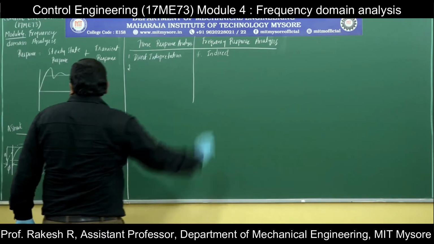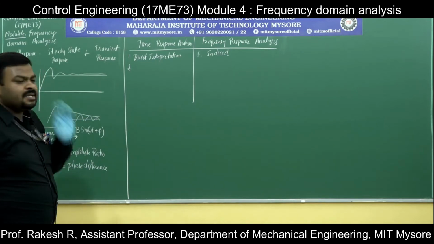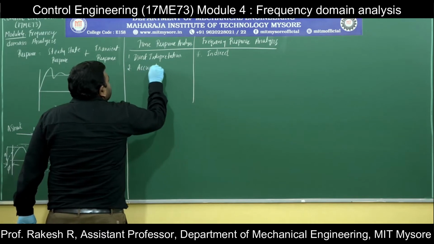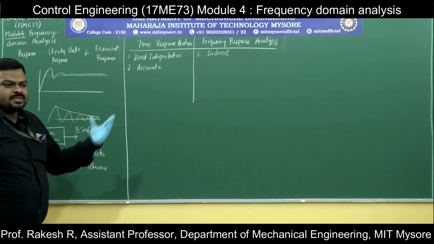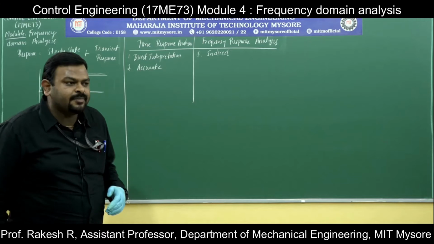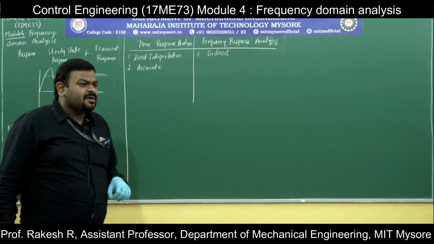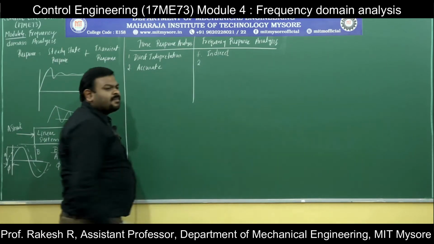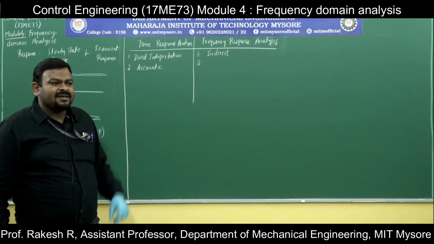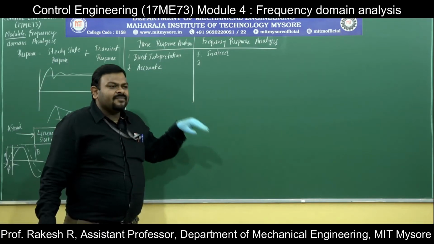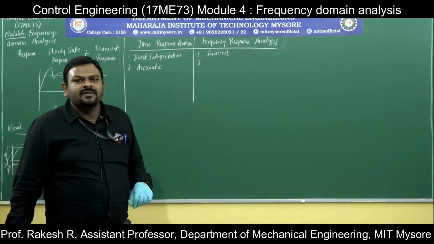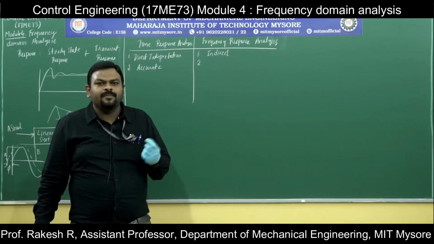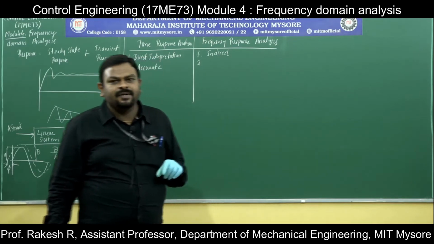The second thing is, time response analysis is an accurate method. It is very accurate because the analytical solution you get is a direct interpretation with the help of mathematics. But in frequency response analysis, there is also mathematics involved, but the values we get are not so accurate since we are using different plots like the Nyquist plot, polar plot, as well as the Bode plot, a logarithmic plot.